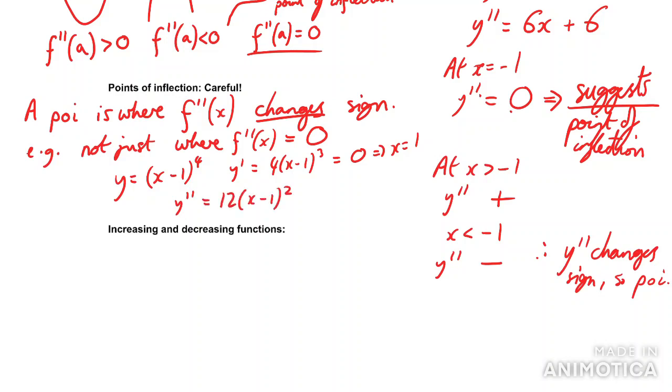And so y dash dash of 1 at our stationary point is going to be equal to 0. But if we look at x greater than 1, y dash dash is positive, and for x less than 1, y dash dash is also positive. Therefore, actually, it is not a point of inflection.